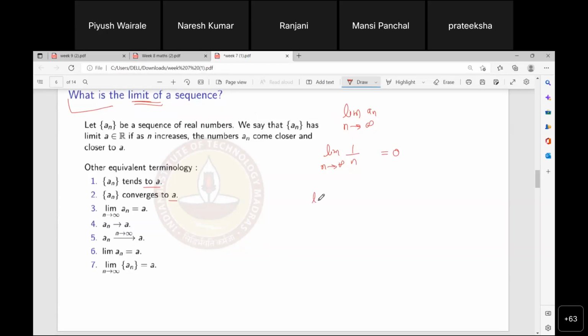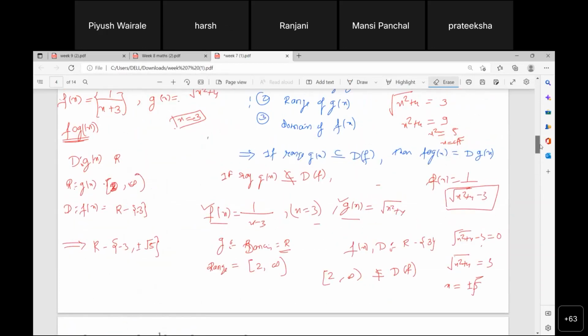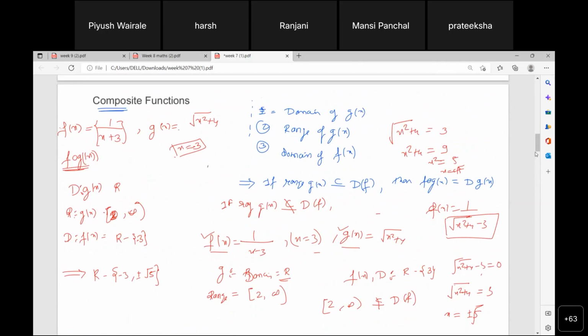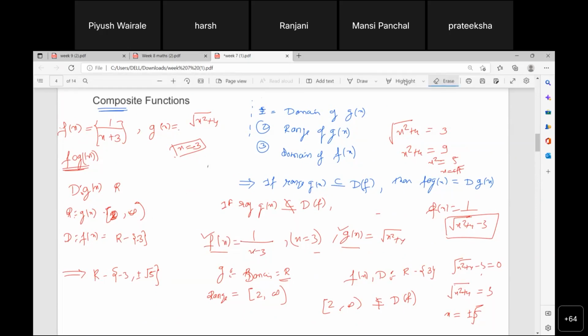Sir, in the above question, f of g is valid for x equal to 3. So why are we including 3 in the answer? We are calculating the domain for f of g of x, not for f of x. f of g of x is valid for 3. This particular function f is not defined at x equals 3, right?